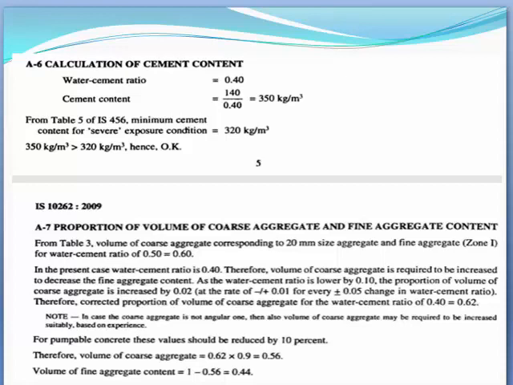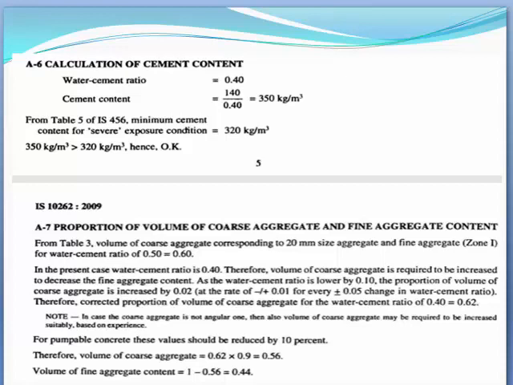We need to get the cement content, for which it will be the water content, that is 140 liters or 140 kg per cubic meter which we are taking, divided by 0.40, which is your water cement ratio. We will get the cement content which will be equal to 350 kg per meter cube.